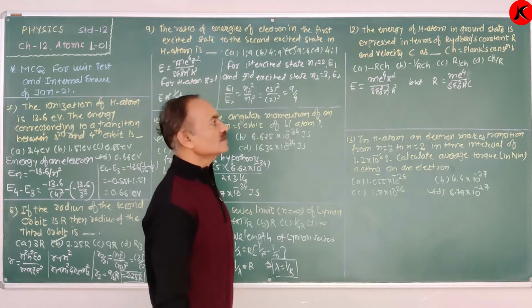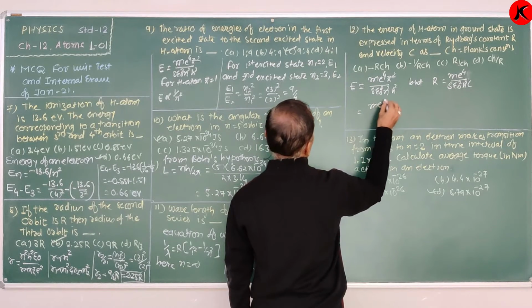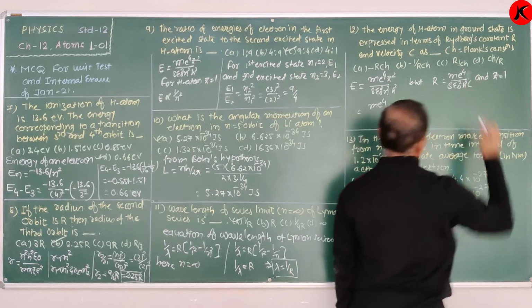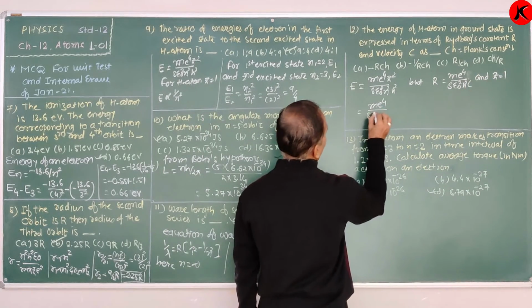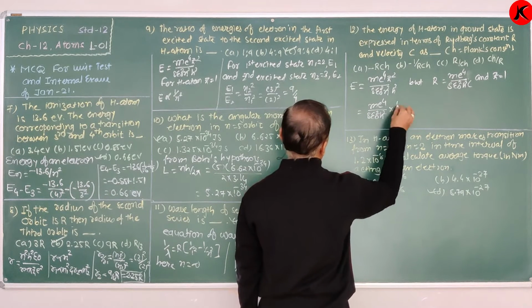Here we have m e to the power 4, and z is equal to 1 for the hydrogen atom. m e to the power 4 upon 8 epsilon 0 square h square we already have.